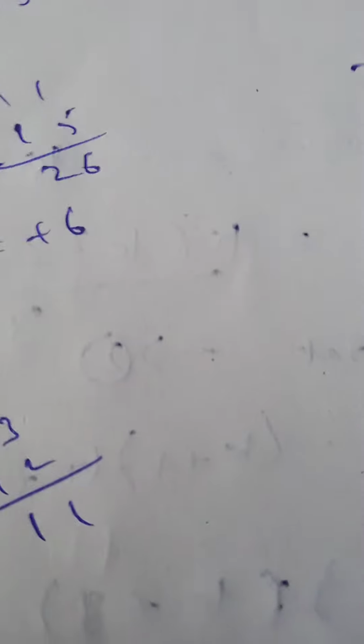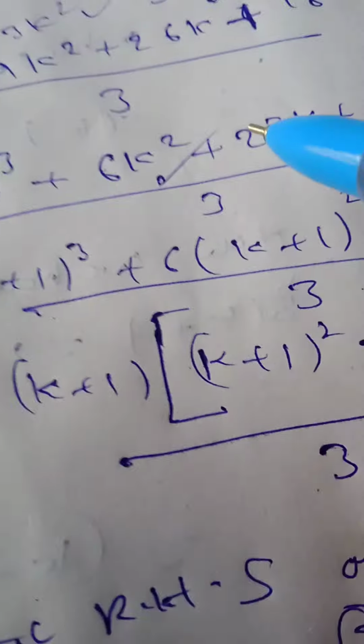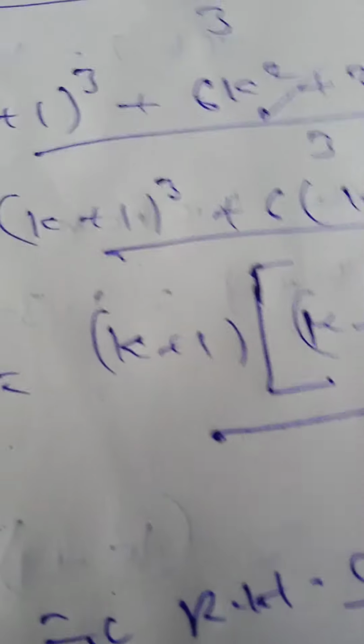We remove this 6k square; 6k square is over.